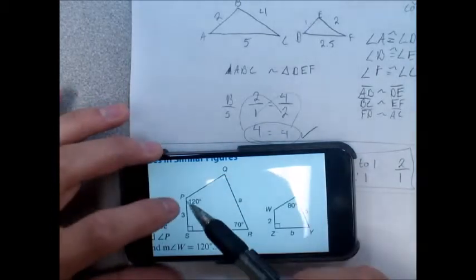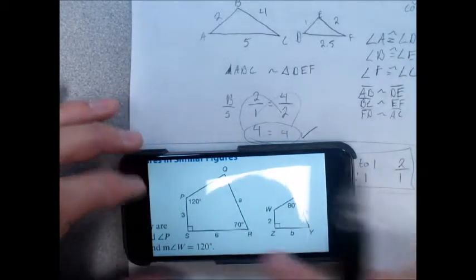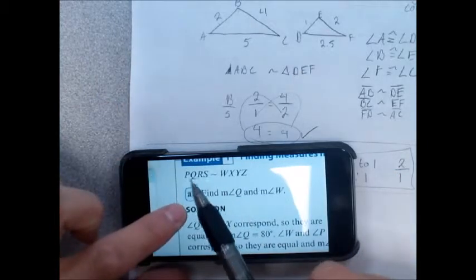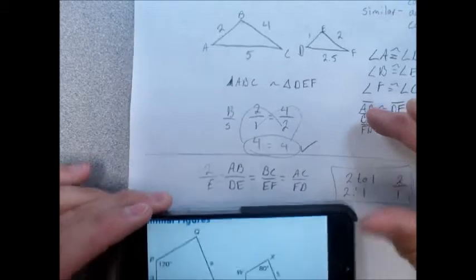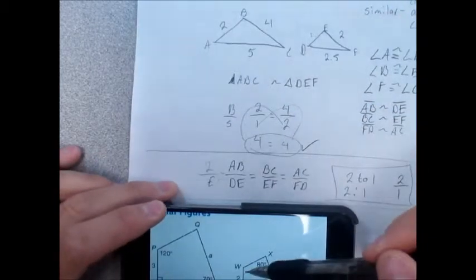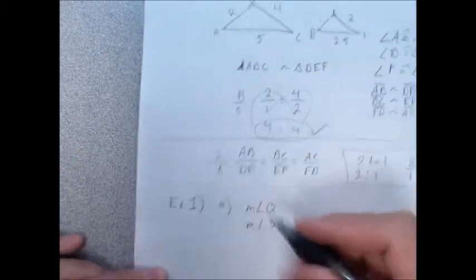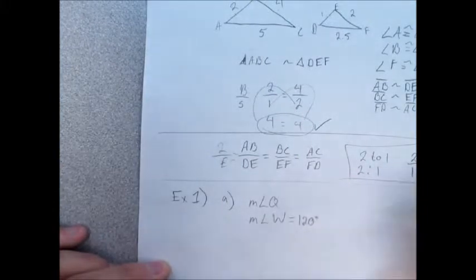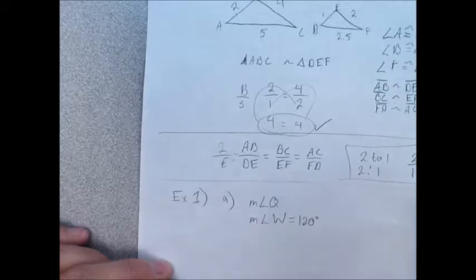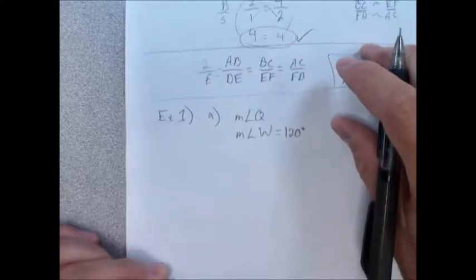P and W are in the same spots, according to the similarity statement. So P is definitely the same as W, so W has to be 120 degrees. So we're going to equal 120, and do not forget your degree symbol right there, otherwise we will end up with missing points that are not necessary.